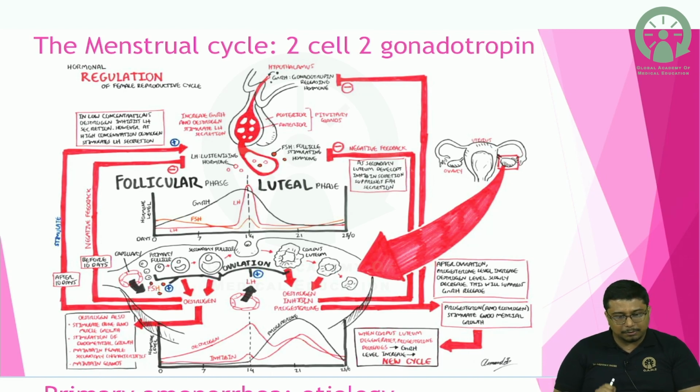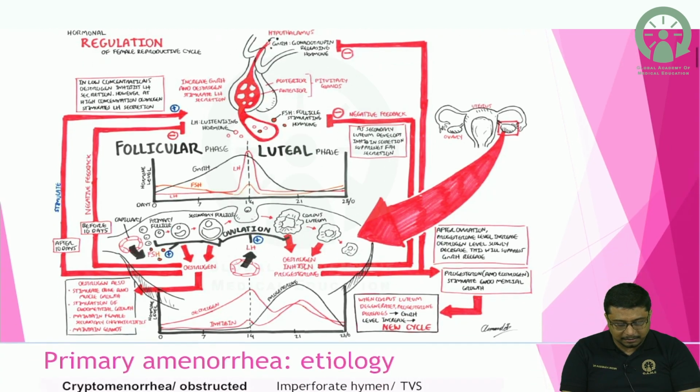So that is how it works. Once ovulation has happened, the remnant of the Graafian follicle turns into the corpus luteum, and it makes progesterone, and the corpus luteum lasts for about 14 days. That is the second phase, the luteal phase. So the follicular phase and the luteal phase are the ovarian pattern.